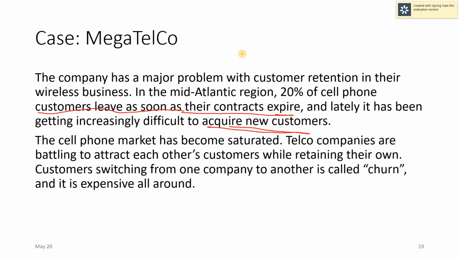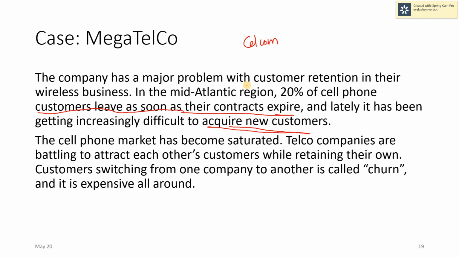You can also imagine Telkom: once the contract is expired, the customer will leave. The cell phone market has become saturated, and that is why telco companies are battling to attract each other's customers while retaining their own. Meaning that it is competing with Maxis, U Mobile, and so on.